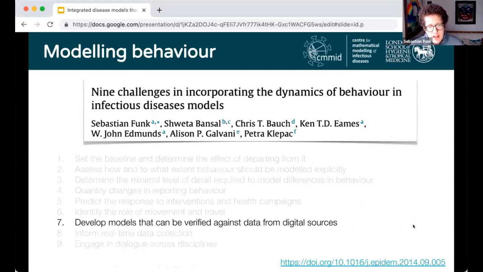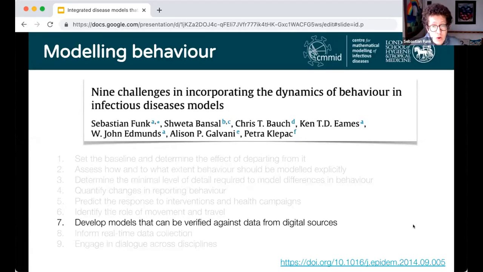We also talked about developing models that can be verified against data from digital sources. What we were particularly highlighting was the need to use things like social media data, or explore the use of social media data, for better understanding infectious disease transmission.